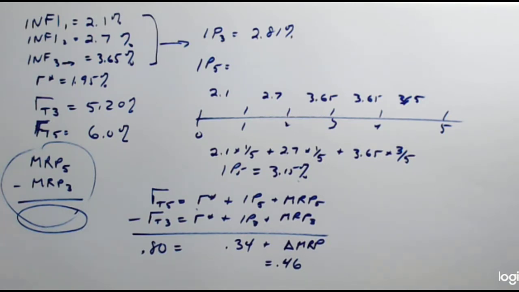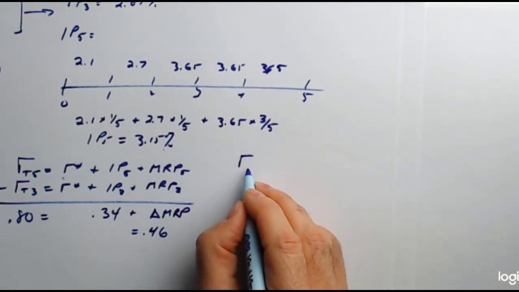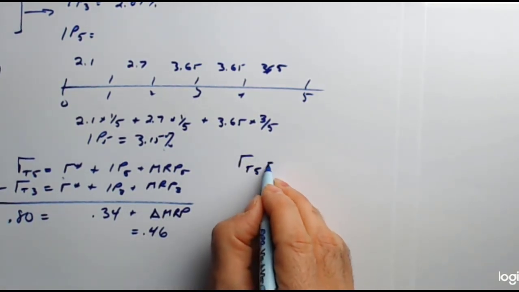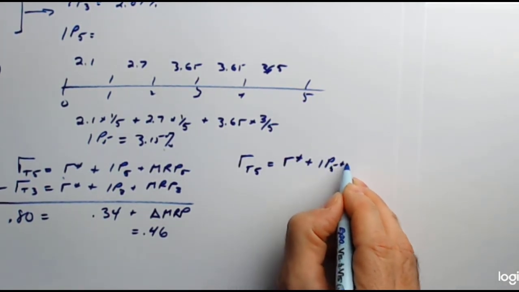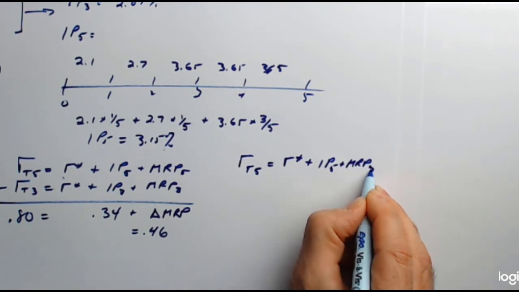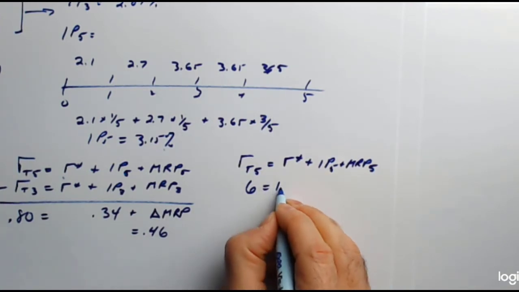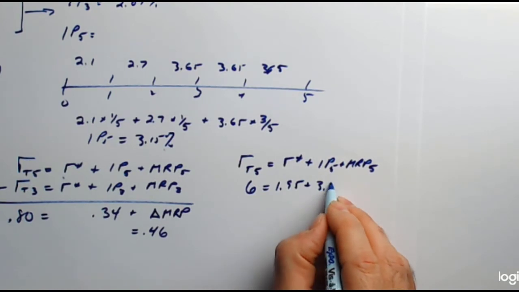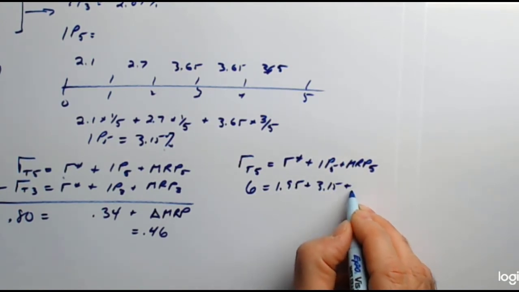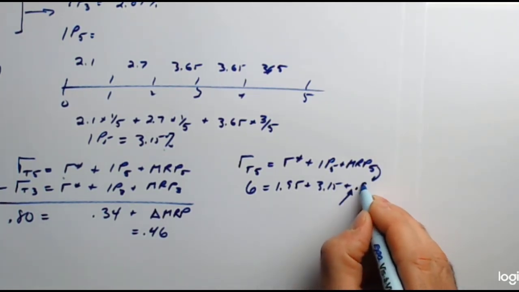So here's what I would do. I would take RT5 equals R star plus IP5 plus maturity risk premium 5. We know this is 6%. We know this is 1.95%. We know this is 3.15, and so the maturity risk premium here has to be, this guy right here, 0.90.